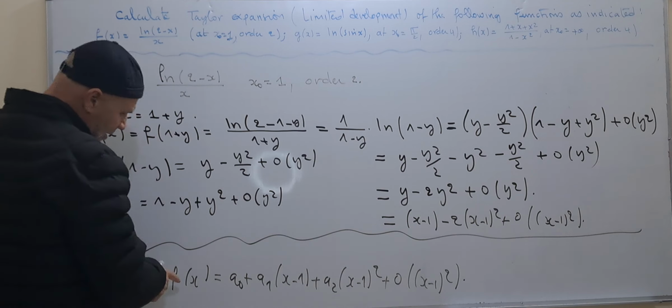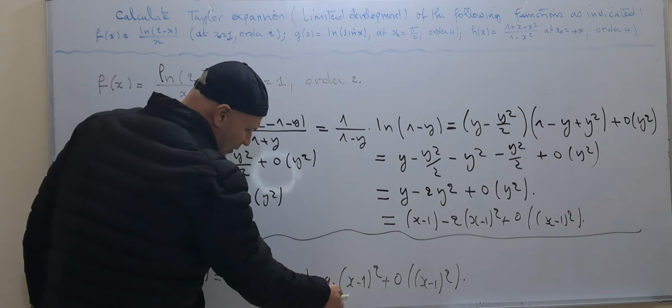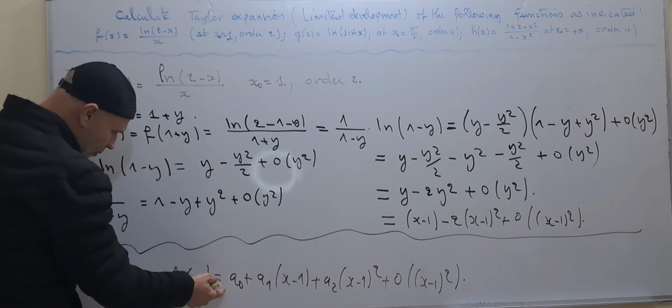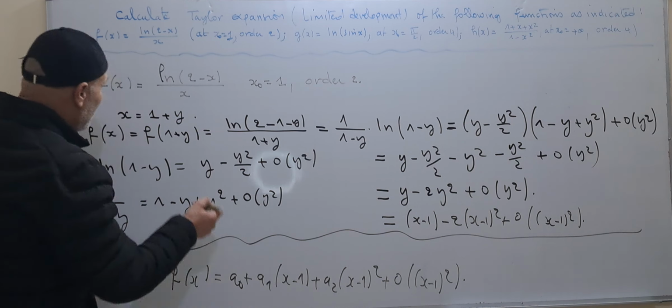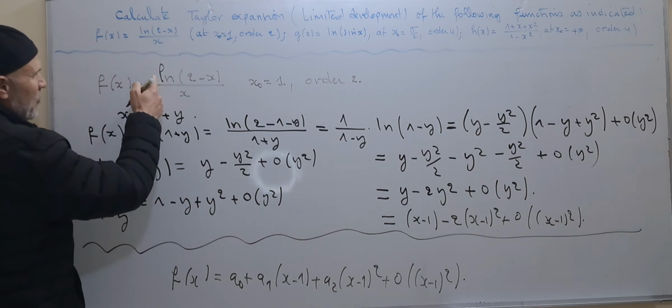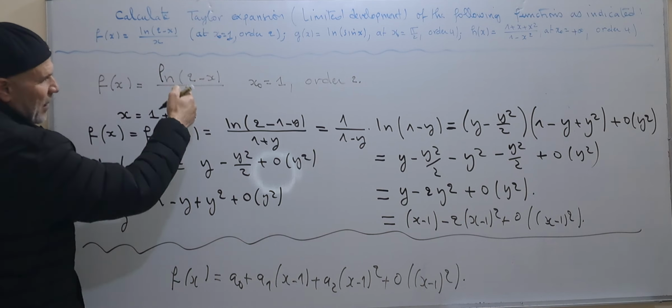If we replace x by 1, the other terms are equal to 0, so a0 is f of 1, which is ln of 1 over 1, so 0.